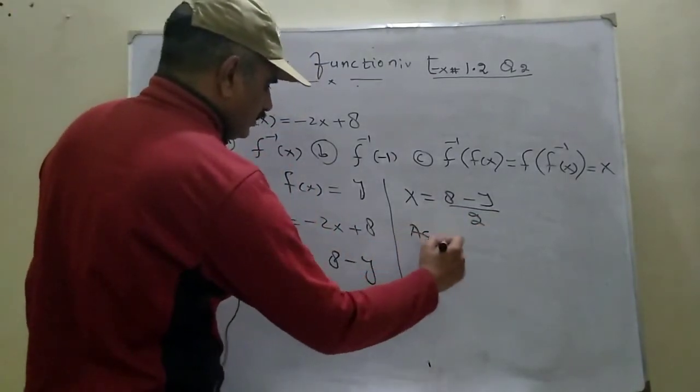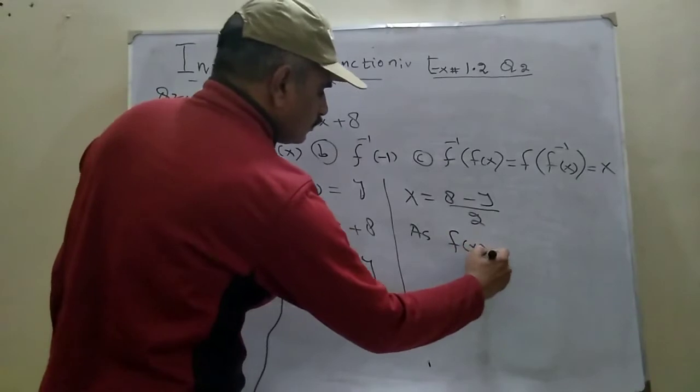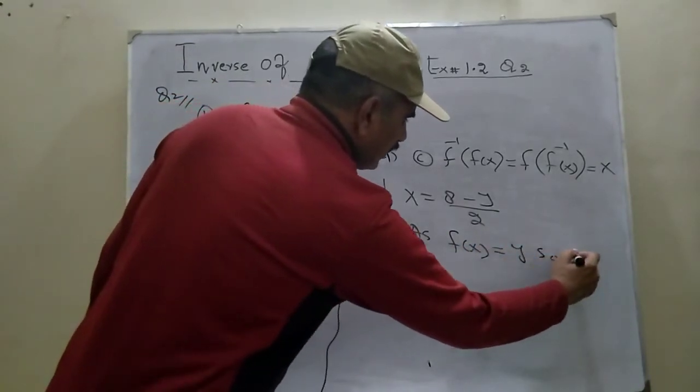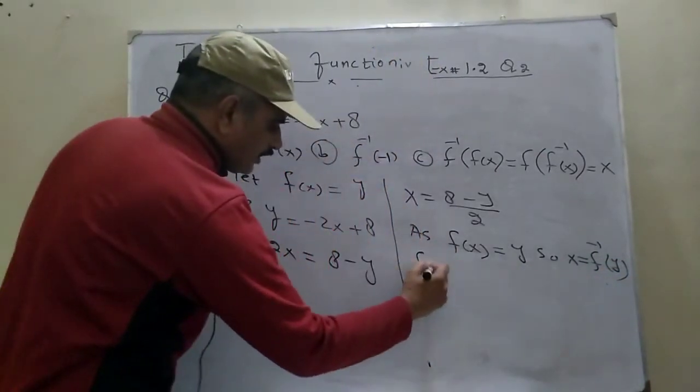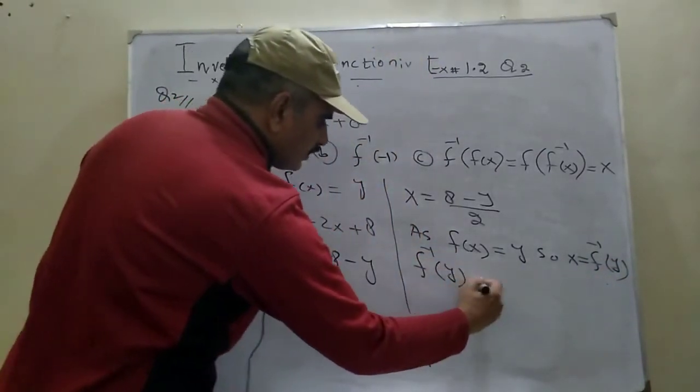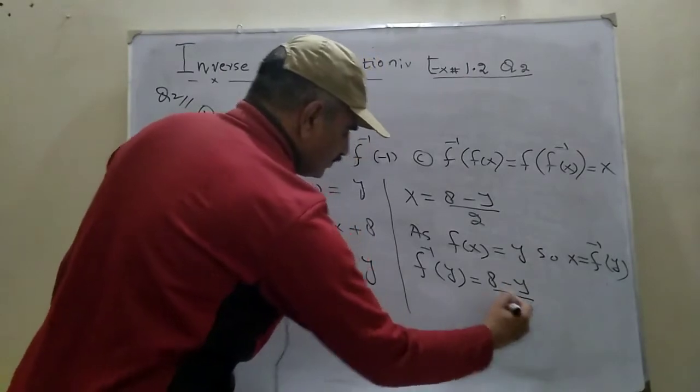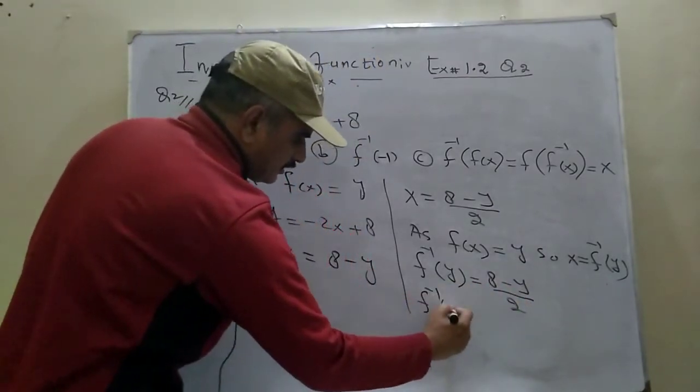As f of x equal to y, so x is equal to f inverse of y. So finally we get f inverse of y is equal to (8 minus y) by 2. Just replace y by x.